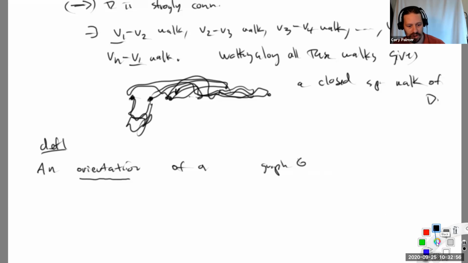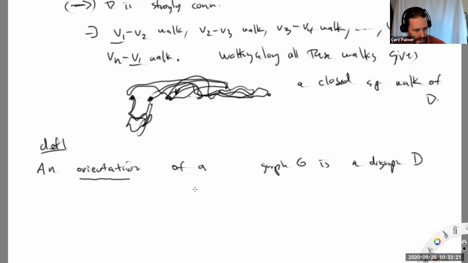So an orientation of a graph G is a digraph D that results from, in quotes, orienting each edge of G. What it means is each edge of G is replaced with an arc between those two vertices. There's two choices for the orientation of that edge, right? It can go from U to V or from V to U. So there's multiple orientations, okay?